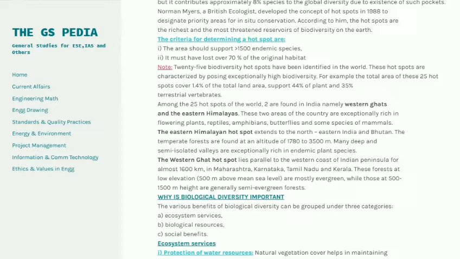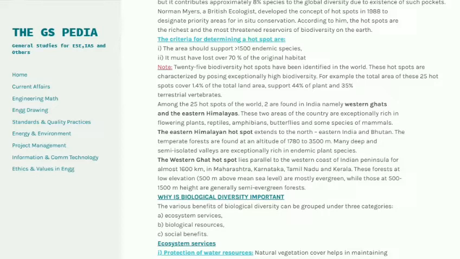Among the 25 hotspots of the world, 2 are found in India, namely the Western Ghats and the Eastern Himalayas. These 2 areas of the country are exceptionally rich in flowering plants, reptiles, amphibians, butterflies and some species of mammals. The Eastern Himalayan hotspot extends to the north, eastern India and Bhutan.